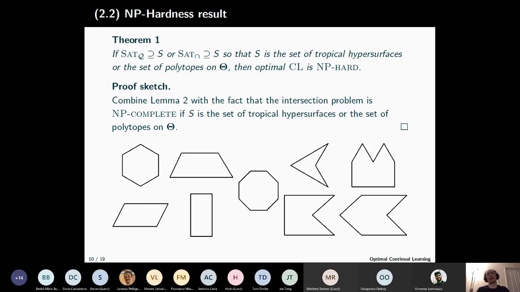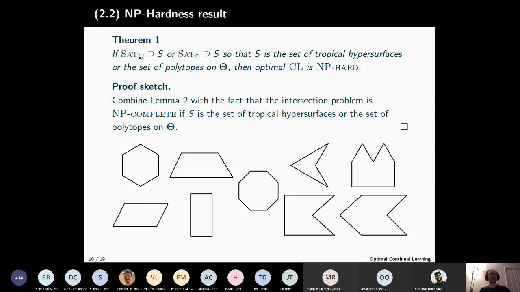For example, it's NP-hard for the set of polytopes. And on this slide, I've somewhat redundantly plotted a number of polytopes for you to remind yourself what they are. They're just intersections of half spaces. That's all that polytopes are. And even these kind of simple sets will already make your problem NP-hard. What this means is the moment your algorithm or your model class is complicated enough to induce satisfiability sets that are at least as difficult as polytopes, you're screwed.